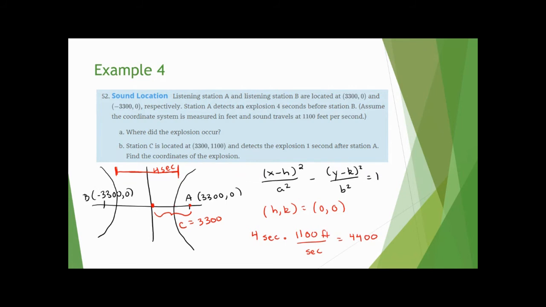So it's half of that to get to one vertex. Half of 4,400 is 2,200. So this gives us that a is equal to 2,200.